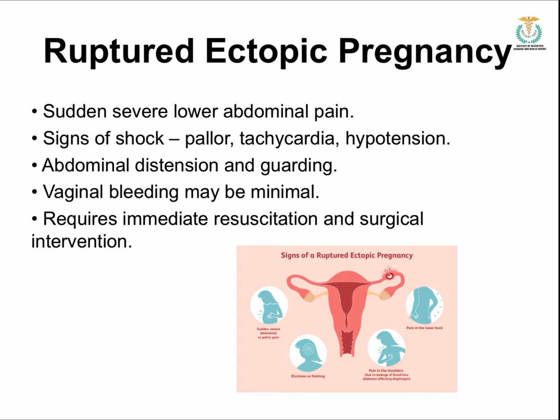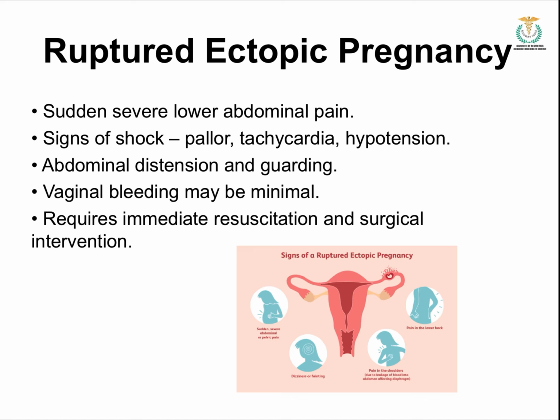Prepare for emergency laparotomy. Laparoscopy only if resources are available and the patient is stabilized. Give analgesia and broad spectrum antibiotics peri-operatively. So here, in an unstable patient, you must act on clinical diagnosis.